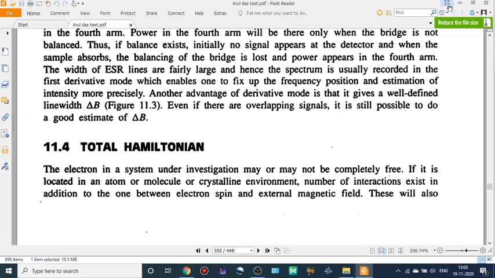In this class, we have to discuss the hyperfine splitting. Before going to the hyperfine splitting, we need to understand the total Hamiltonian of the system when we place a nucleus in the magnetic field.